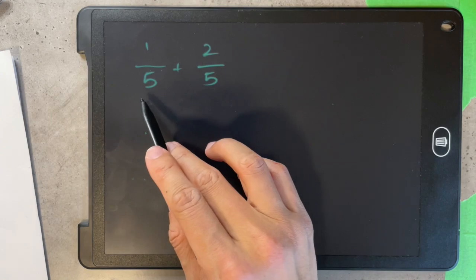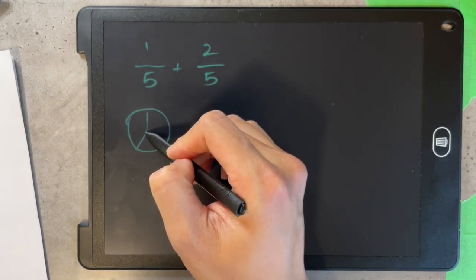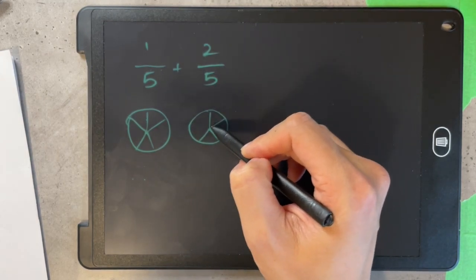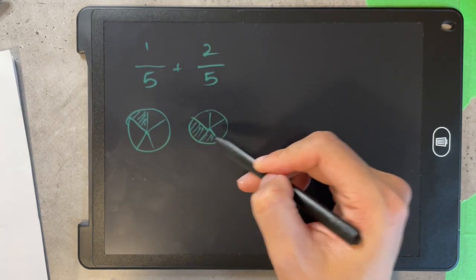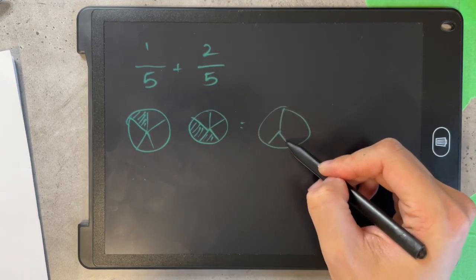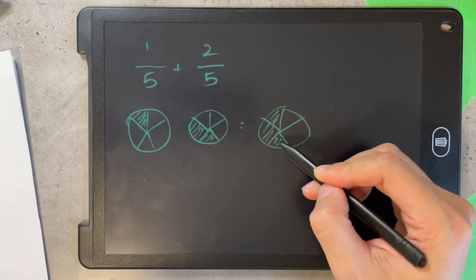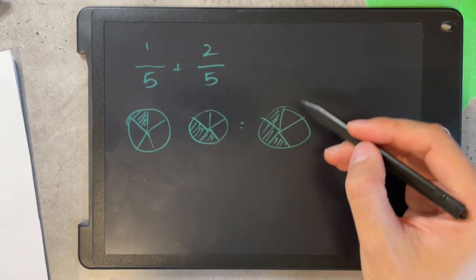If we have the same denominator, that means I have a pie divided into 5 equal parts. I have one of them. I want to add two other ones. Then, technically, the answer will be fairly obvious. I should get 3 equal parts of a pie with 5 equal pieces.